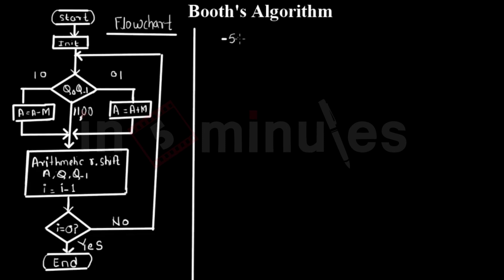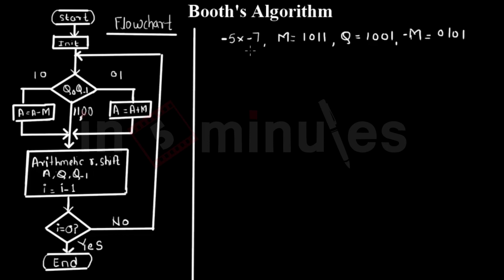Let's take minus 5 into minus 7. Let's initialize the values. Multiplicand is minus 5, which is 1011. Multiplier is equal to minus 7, which is 1001. Let's just note down the value for minus M in case we need it. That is, minus M is the 2's complement of the multiplicand, that is 0101.